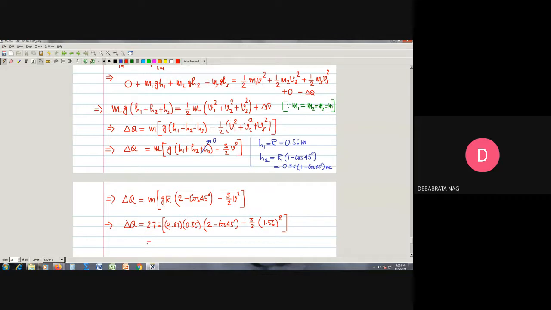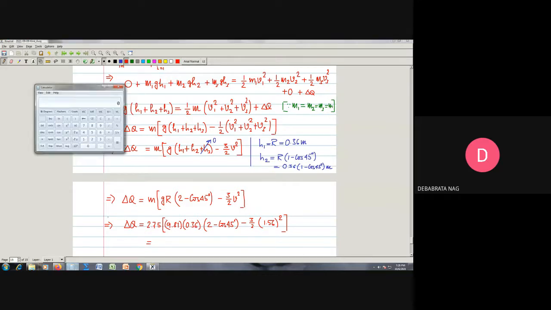Now doing the calculation, first we take 2 minus cos 45 degree, multiplied by 0.36 and then by 9.81. That is this much.